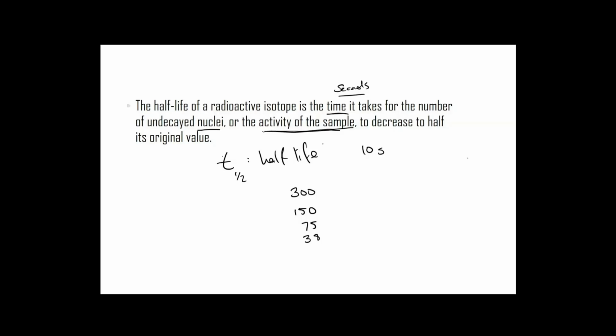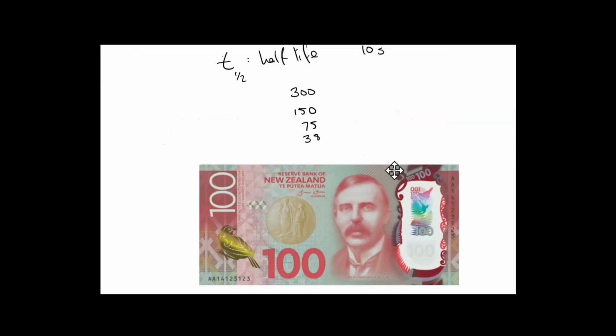This was one of the things that got Rutherford his Nobel Prize. And in fact, if we have a look at the New Zealand $100 note, we can see that in here, there is a graph of half-life. So we start there and it halves every half-life. That is the half-life graph.